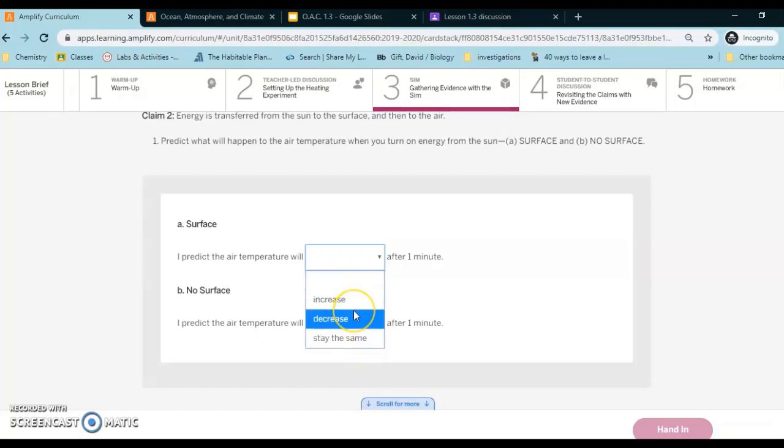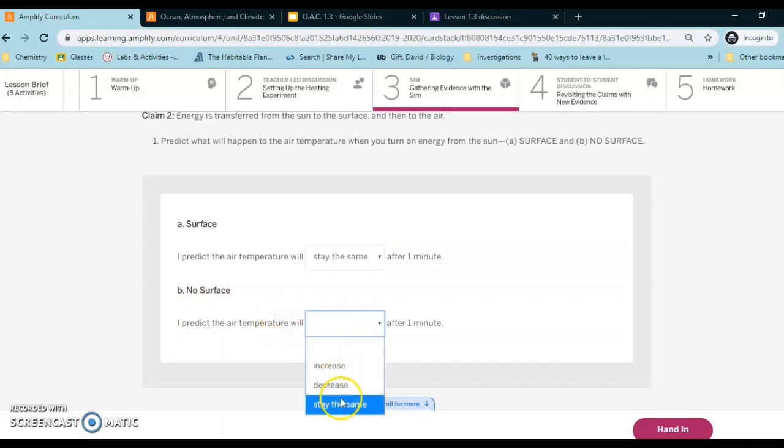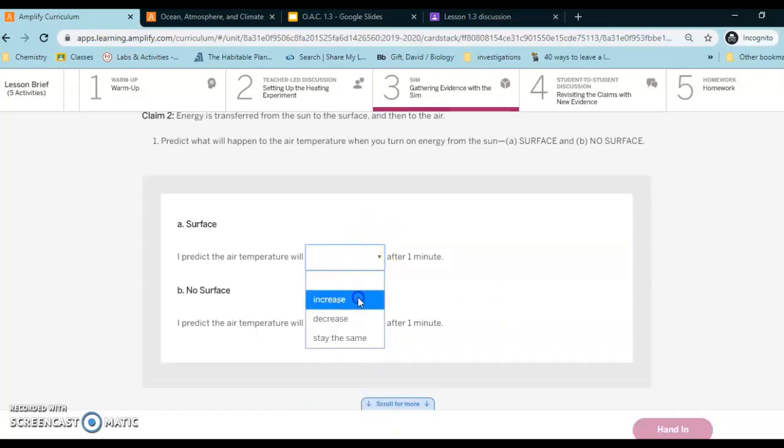With the surface, maybe I'm going to say the temperature will increase. Maybe I think it decreases. It could possibly stay the same, right? With no surface, I predict the air temperature will, and it's the same options: increase, decrease, stay the same. So you're going to choose your predictions. And then notice how it said hand in. Make sure you hit the hand in button.